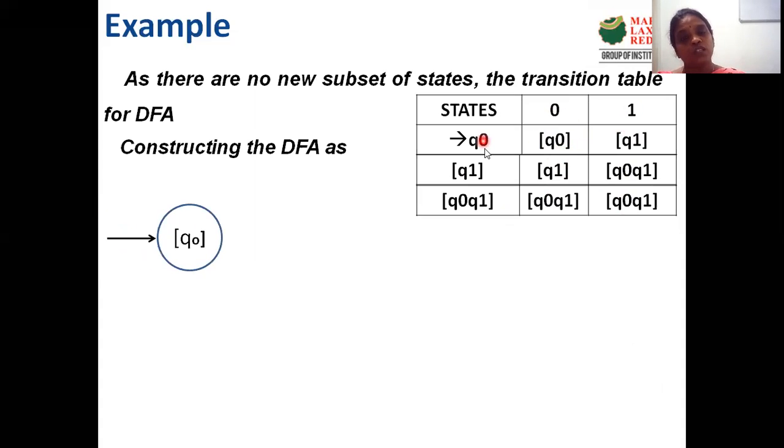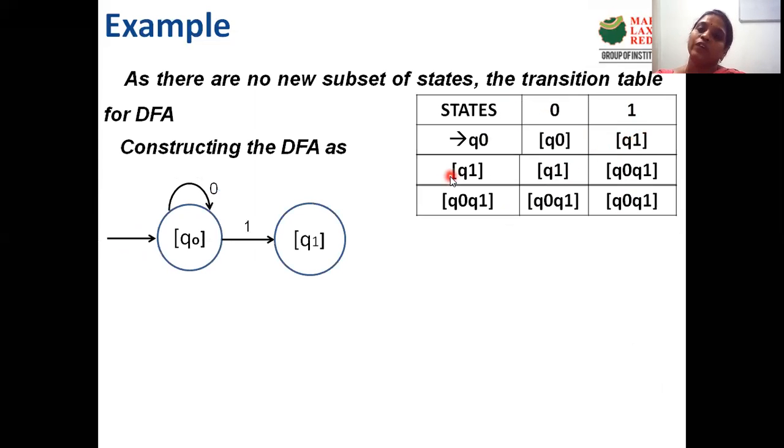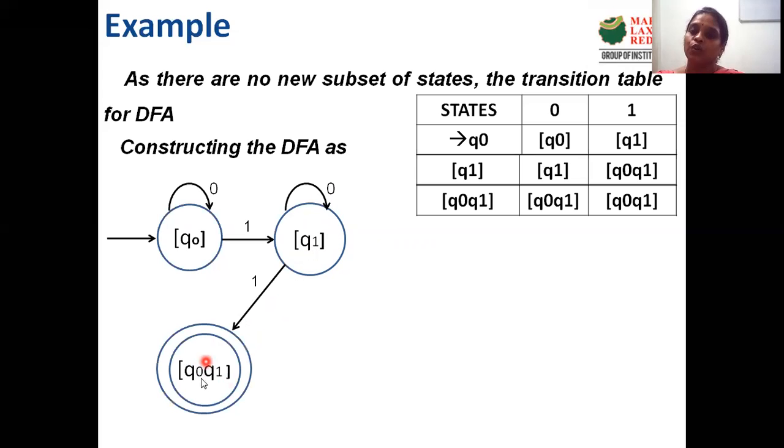So Q naught on 0 is Q naught itself and Q naught on 1 is Q1, that is a new subset of states. Now defining the transitions for Q1 here, Q1 on 0 is Q1 itself, whereas Q1 on 1 moves to a new subset of states, which is Q naught Q1.